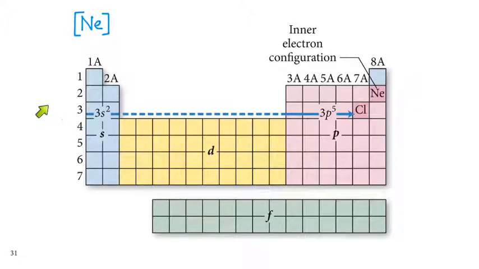We come to this row, the third row. This is the S block; we're going to fill this one and this one. That's 3s2. Then there's nothing here. We come over here, also row 3, the P block: 1, 2, 3, 4, 5. 3p5.